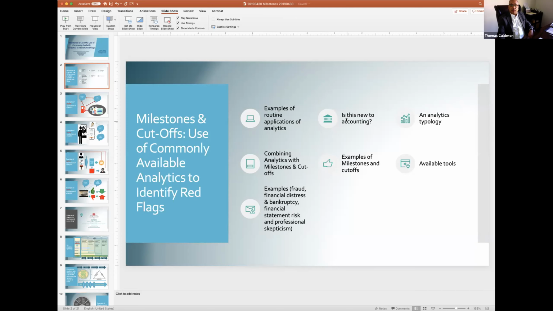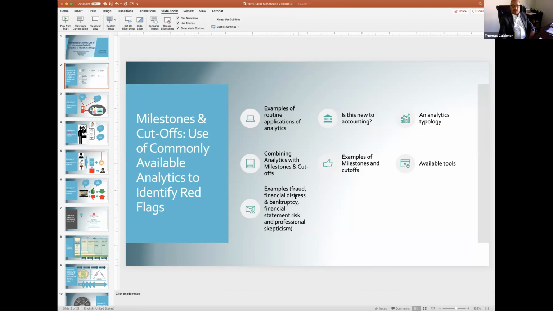Then I'm going to talk about whether or not this whole concept of analytics is new to accounting. We'll discuss an analytics typology. Once I discuss the analytics typology, I think we'll be all set up to talk about how we could combine this whole concept of analytics with the concept of milestones and cutoffs that we know so well in the context of accounting.